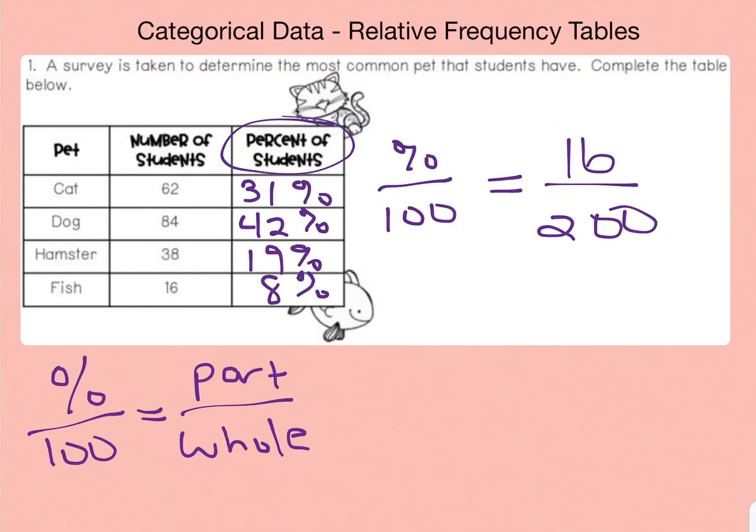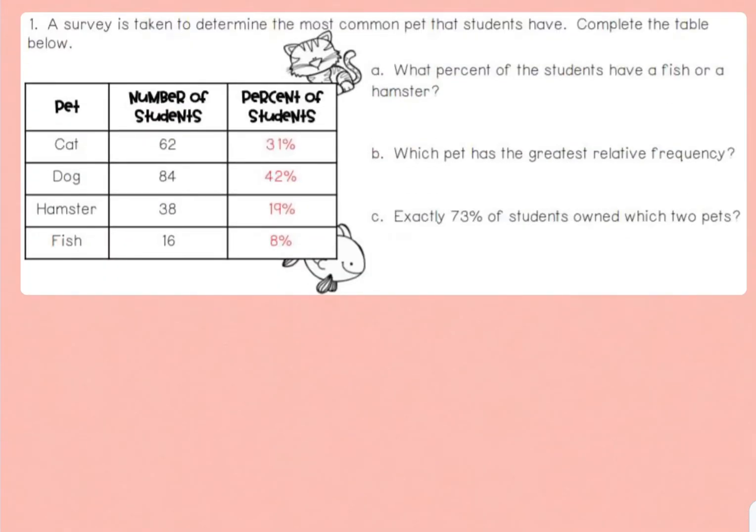Another thing to check on your relative frequency table is to check that your percents add up to 100%. Whenever we add up 31, 42, 19, and 8, that has to equal 100%. That's another way to check. Now, sometimes after you find the percents, you have to answer some questions.